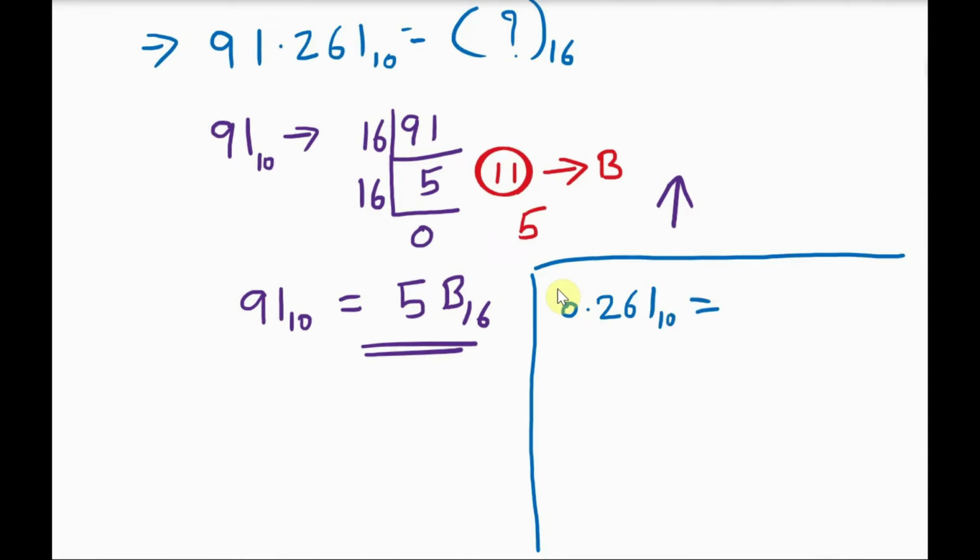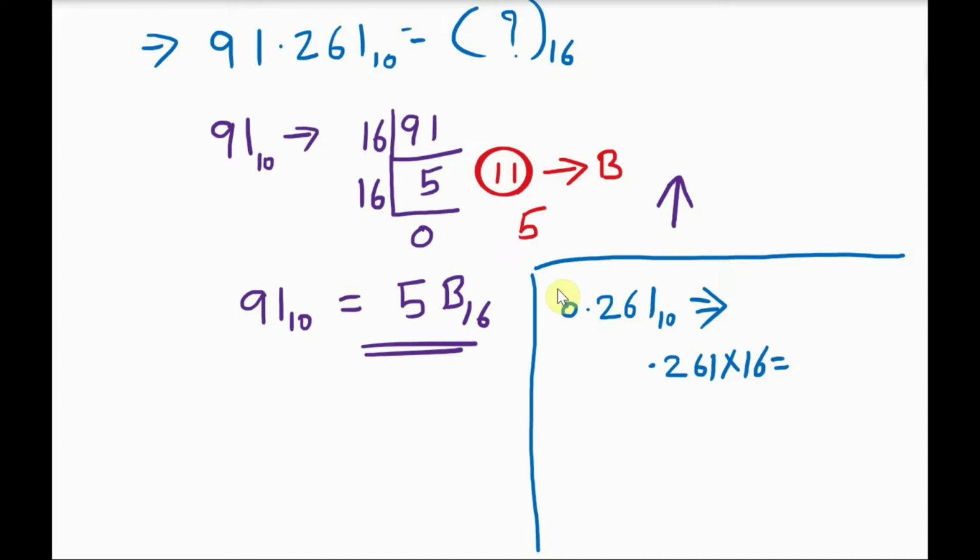Here we are not going to use successive division, we are going to multiply with 16. To convert this to the corresponding hexadecimal, you have to multiply it with 16. That means 0.261 into 16.